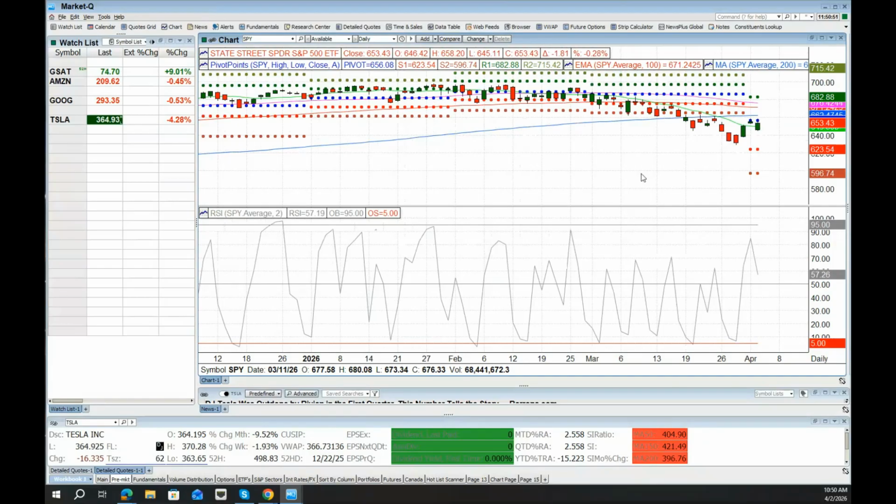We formed that little swing low. We went up to about there. And then we gap lower.